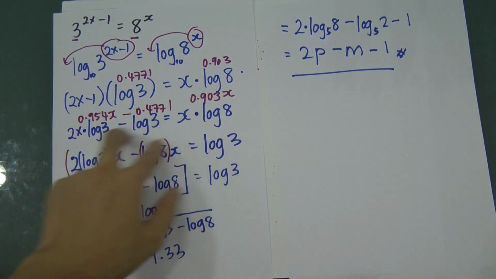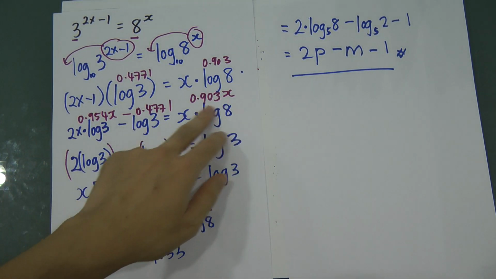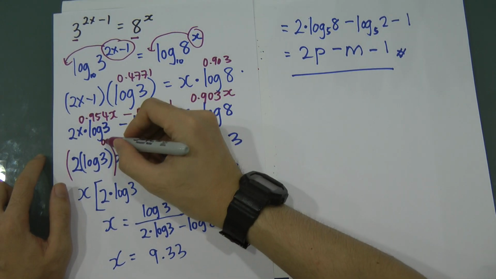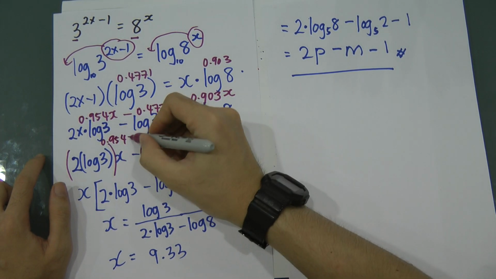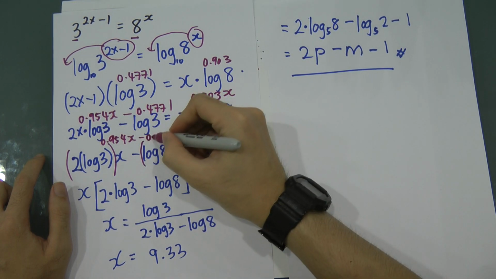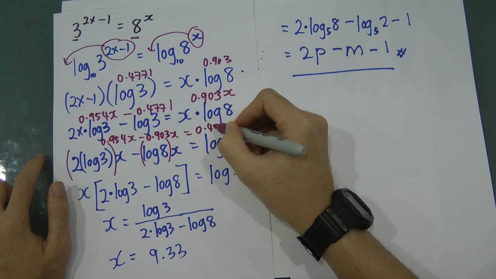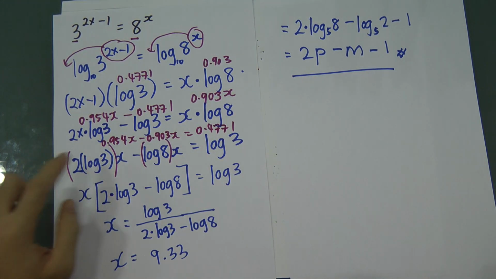You just move those that have x and put them together, and the number you put on the other side. Then it equals 0.954x minus 0.903x equals 0.4771, and then you just subtract as usual. So you just press the calculator, 0.954 minus 0.903.